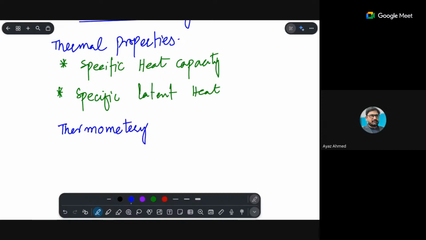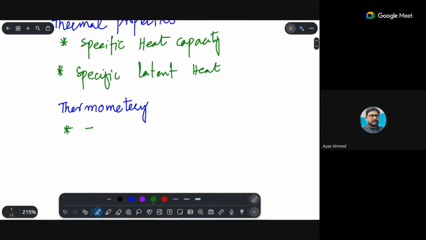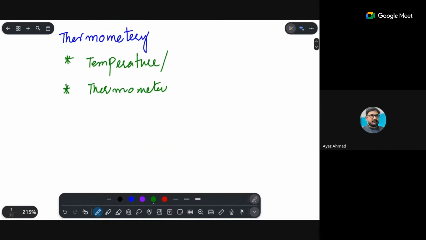That is a very easy approach and a very small topic. Very few questions are asked from this one. It is related to temperatures and thermometers, the temperature scales, and we will talk about thermometers. The third and most important is the ideal gases, which is also named thermodynamics.